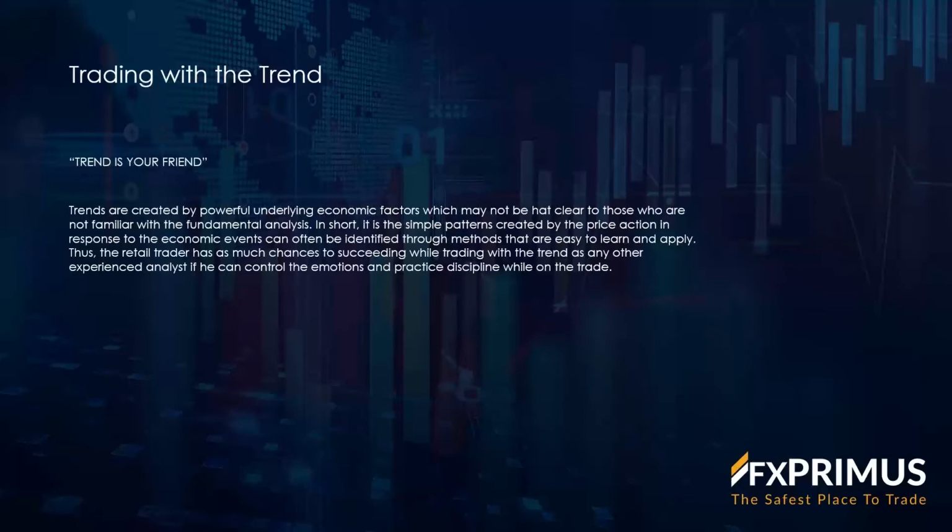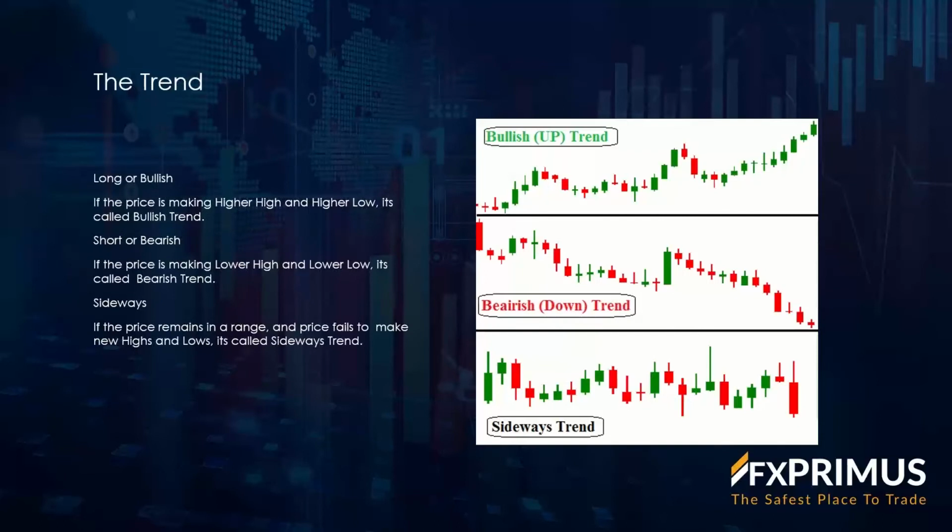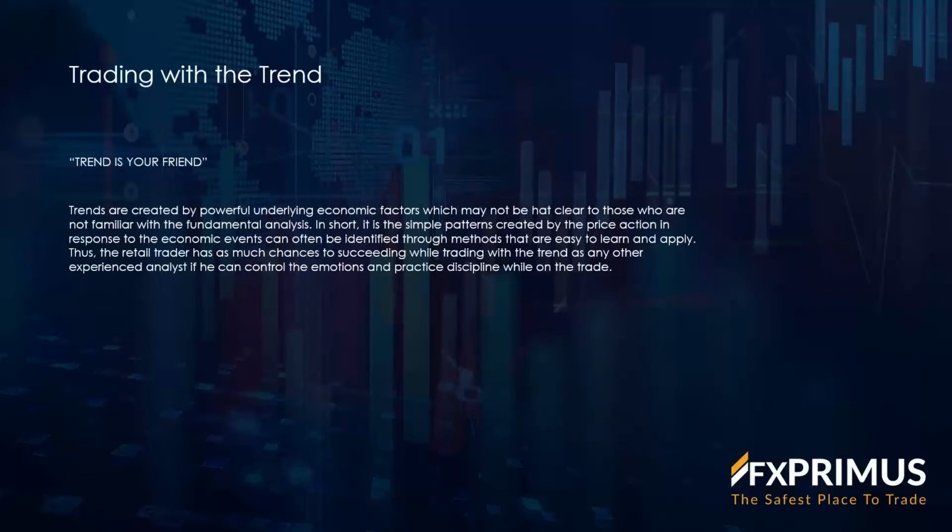Understanding those factors might sometimes be difficult, but if we are able to understand where the trend is going, it will be easy for us to understand which direction of the market we should be trading on, and thereafter, of course, it's going to help you be successful while trading.